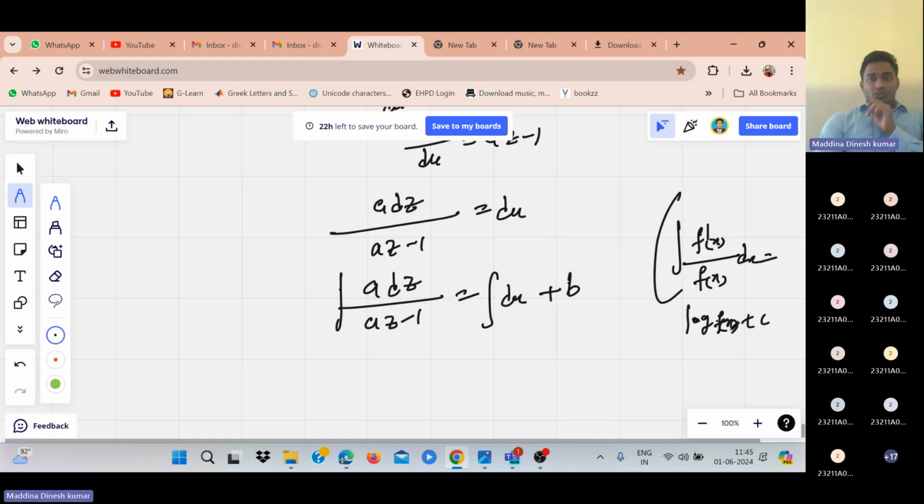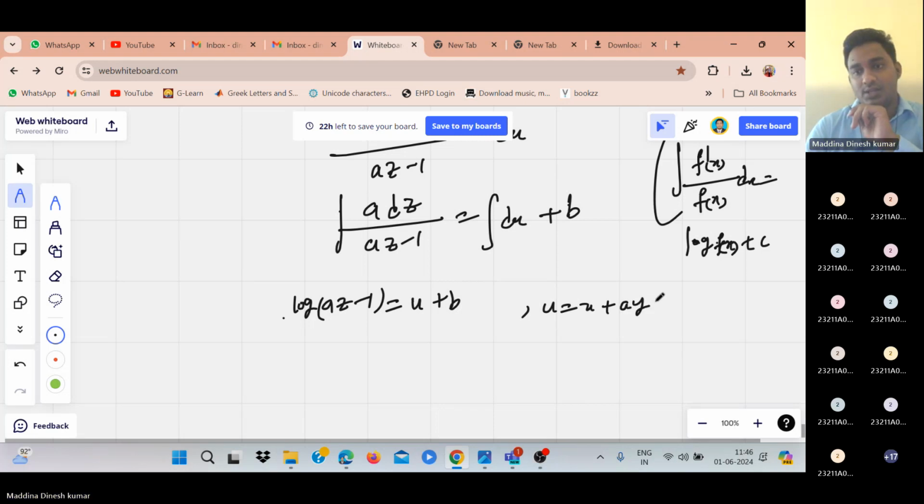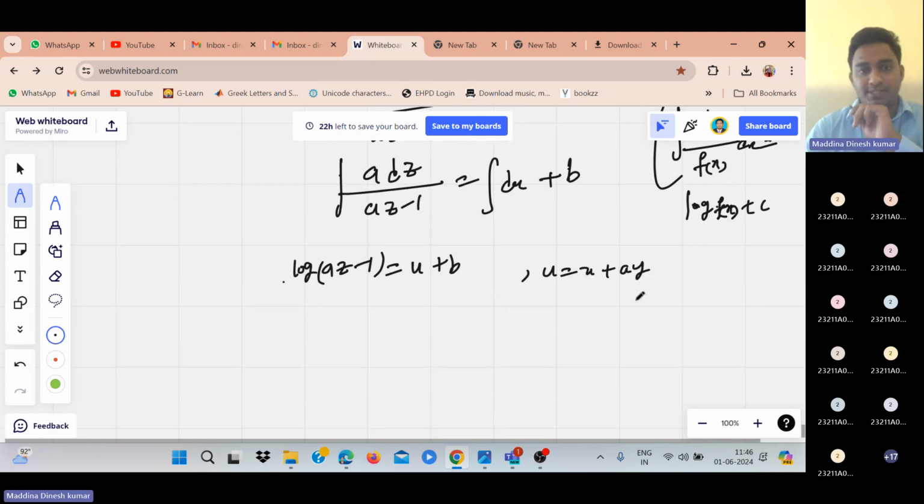By using that formula, if you differentiate az minus 1, we get a dz. So you will get log of az minus 1 equal to the integral of du, which gives u plus b. Here u is the trial solution. We assumed that u equal to x plus a y, so I will substitute x plus a y in place of u.